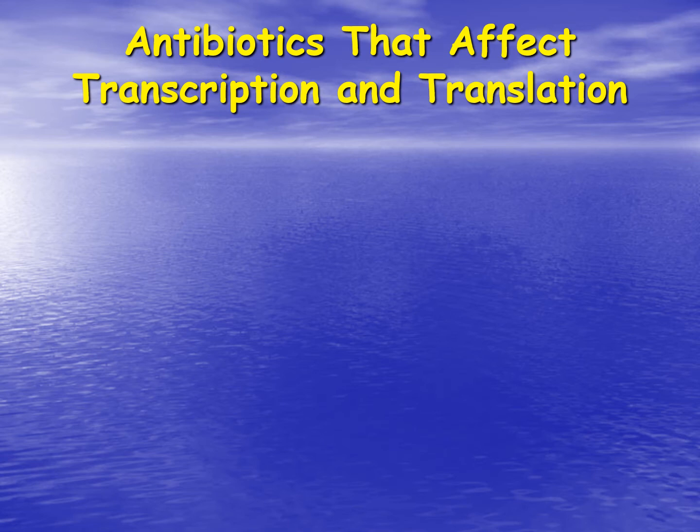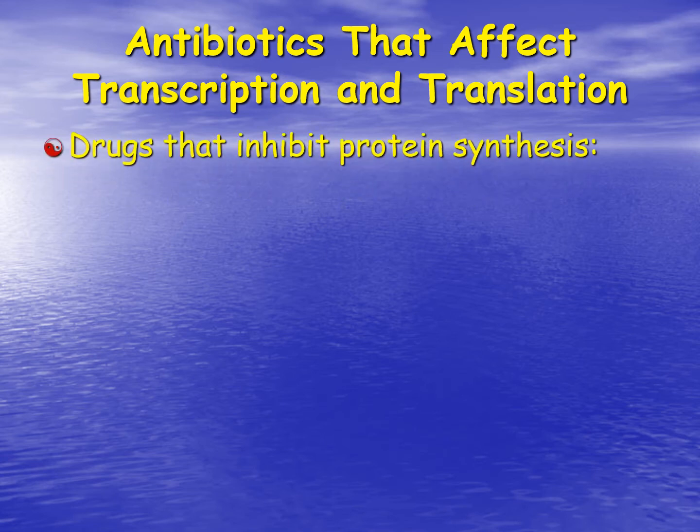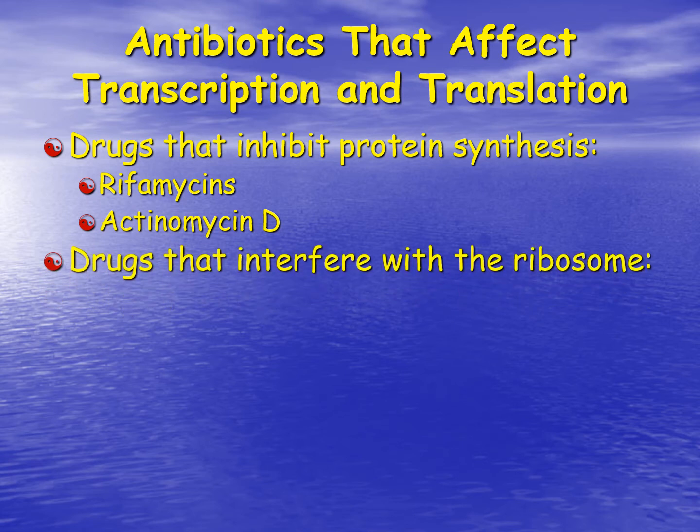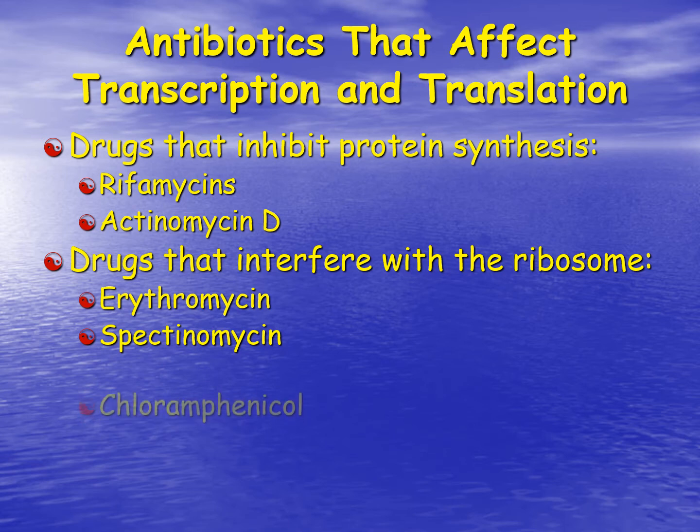Certain antibiotics can affect transcription and translation, and we're going to talk about these a little later in another chapter, but I just wanted to mention a few here. Drugs that inhibit protein synthesis can include the rifamycins and actinomycin D. Drugs that interfere with the actual structure of the ribosome, thereby inhibiting protein synthesis, include erythromycin, spectinomycin, an old drug called chloramphenicol, and lincomycin.